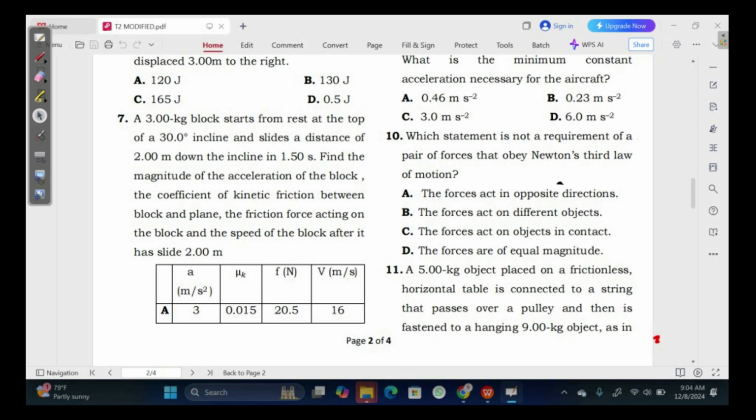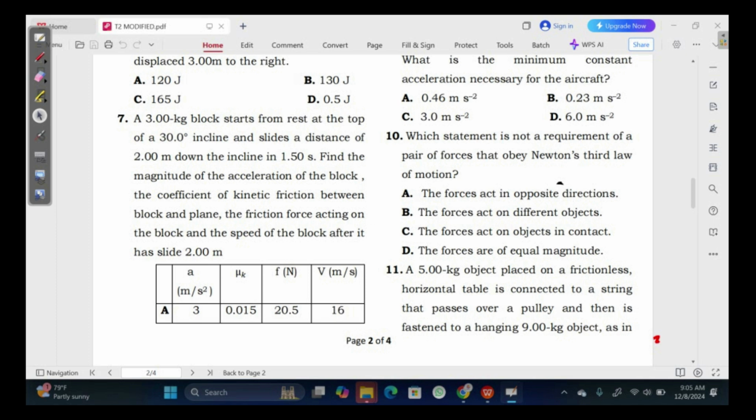A 3 kg block starts from rest at the top of a 30 degrees incline and slides a distance of 2 meters down the incline in 1.5 seconds. Find the magnitude of the acceleration of the block, the coefficient of kinetic friction between the block and the plane, the friction force acting on the block, and the speed of the block after it has slid.